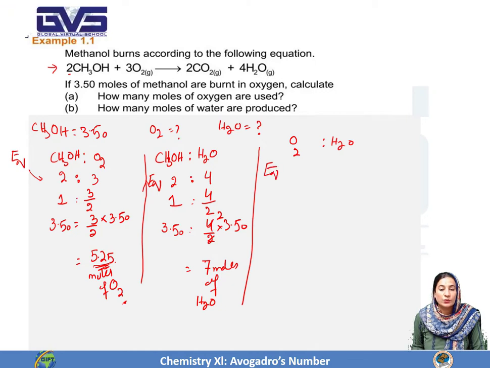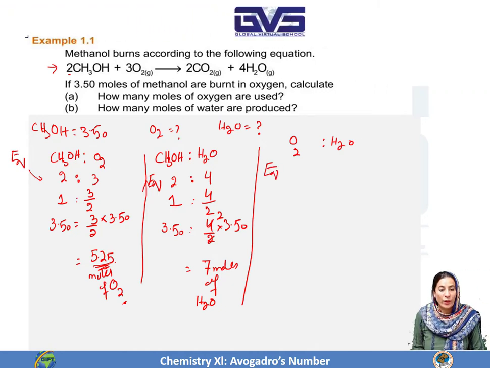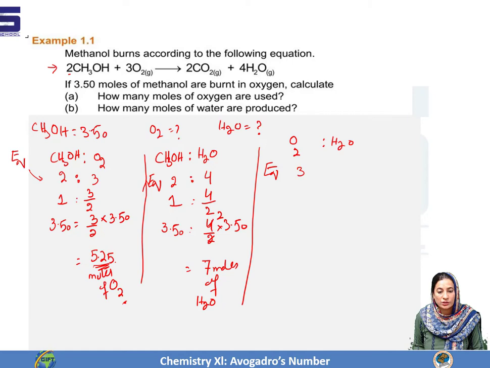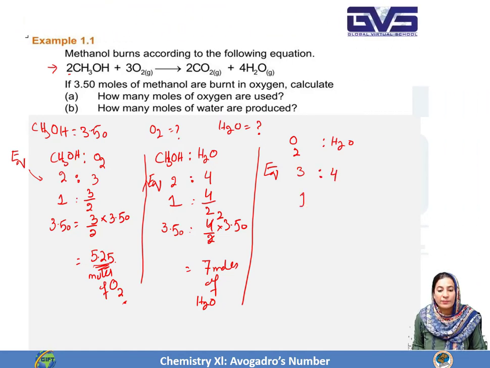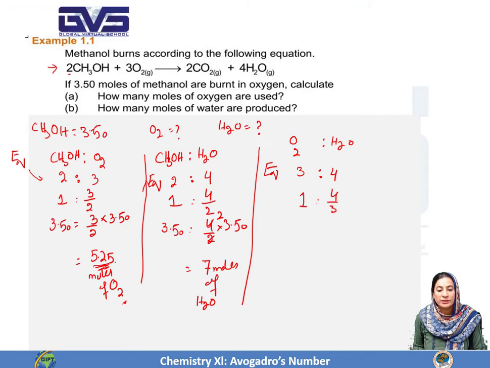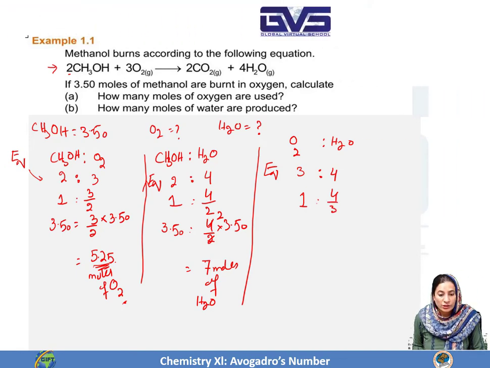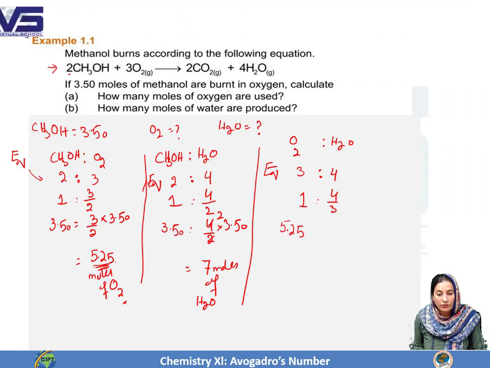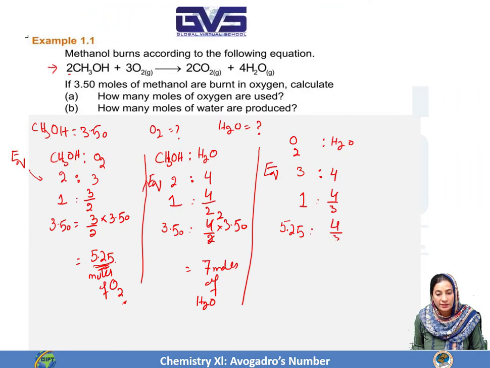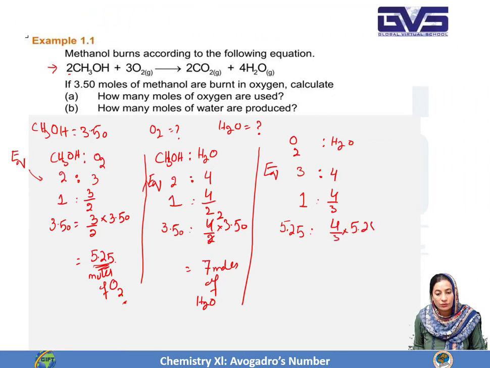The balanced chemical equation is telling you that when 3 moles of oxygen are consumed, the water moles formed are 4. When it is 1, it will be 4 by 3. When oxygen consumption is 5.25, it will be 4 by 3 into 5.25.